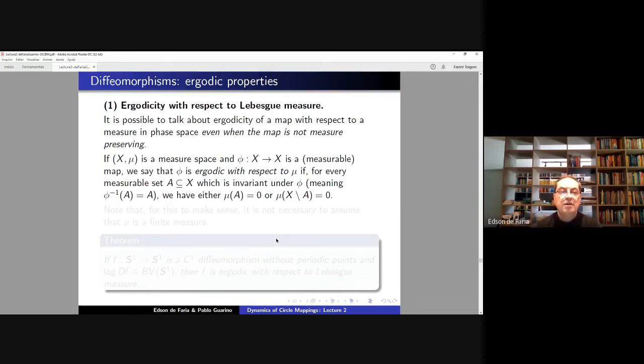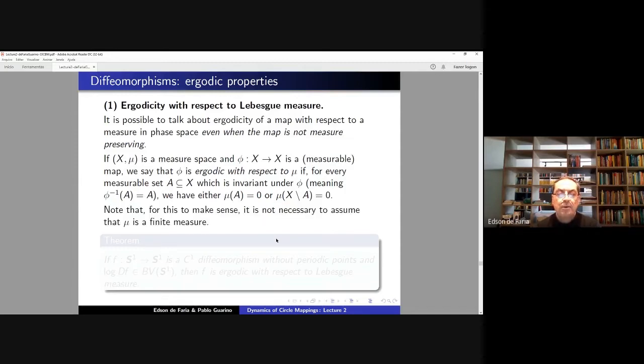Then you can say that this map is ergodic with respect to the measure if every invariant set under this map either has measure 0 or its complement has measure 0. Okay, so that's a notion. We say that phi is ergodic with respect to the measure mu, even though the measure mu is not invariant.